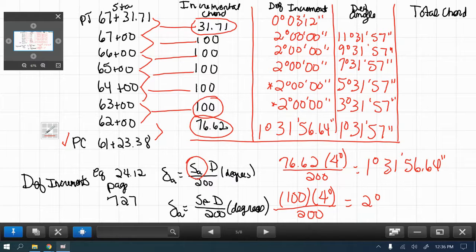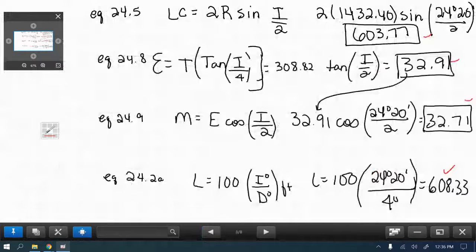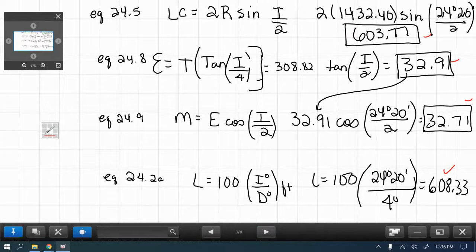Oh, something's wrong. Because I should have I/2. And my I for this problem is 2420, so I should be at 1210.